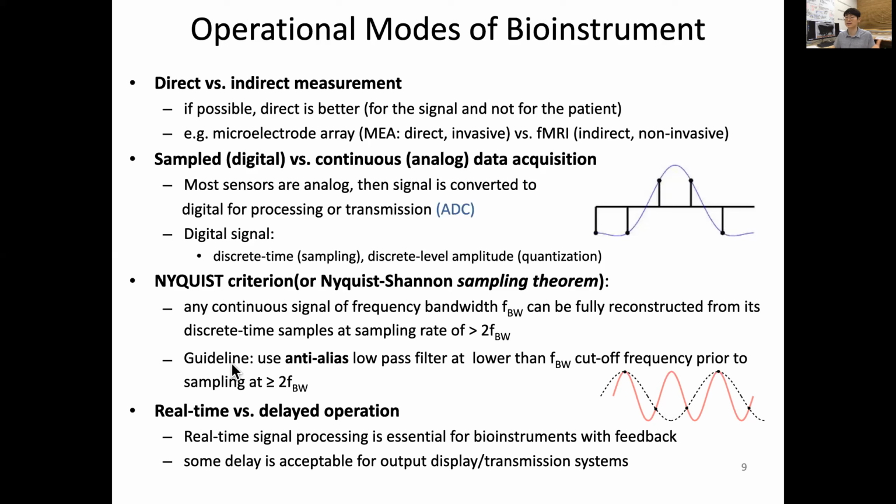So this is a general guideline: use an anti-aliasing low-pass filter with a cutoff frequency lower than the bandwidth prior to sampling at higher than twice the bandwidth, which is the Nyquist criterion. And we'll get back to this again later.